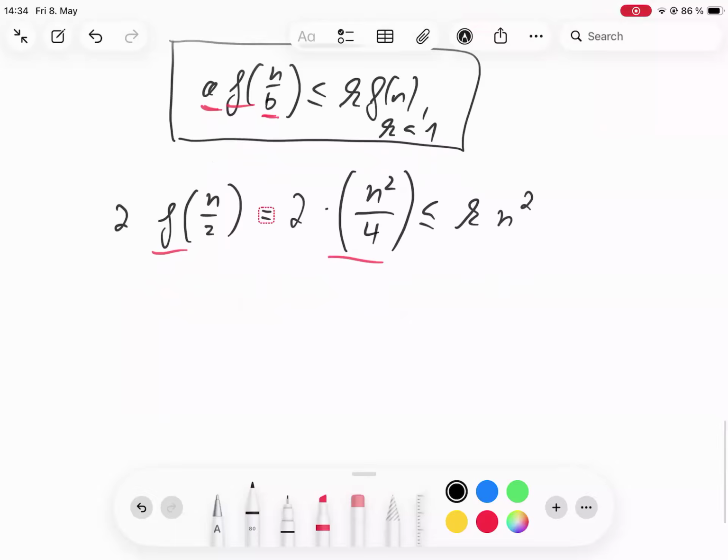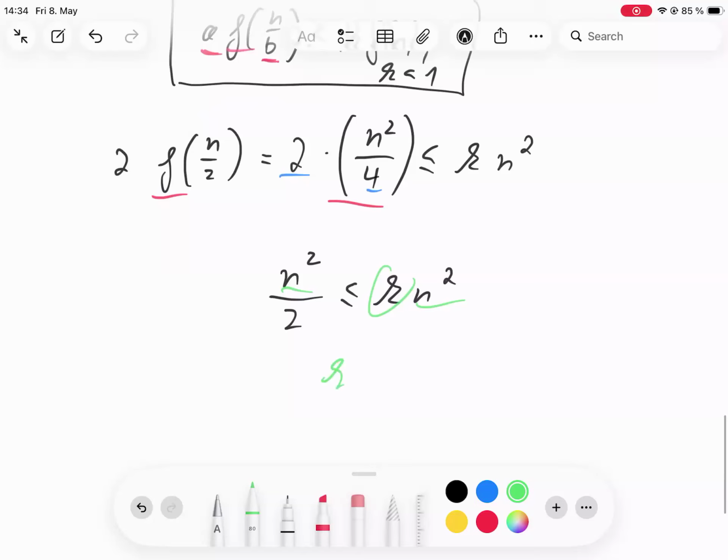And I can simplify this a little bit. So I have 2 divided by 4 times n squared, so this would be n squared over 2, which must be less than or equal to k times n squared. So fairly easy, because we have an n squared here and all we need is this k.